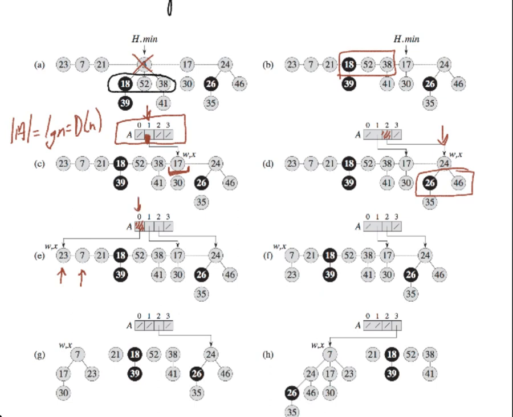We found 2 nodes that have the same degree, and what we're going to do is merge them. So we take 23 and we make it a child of 7. Since these have to be min heaps, we need to choose which of the nodes is smaller and make that the new root. And so there we go. That's our new node.